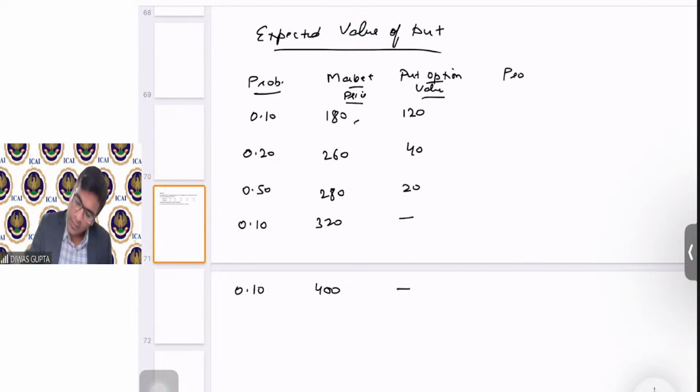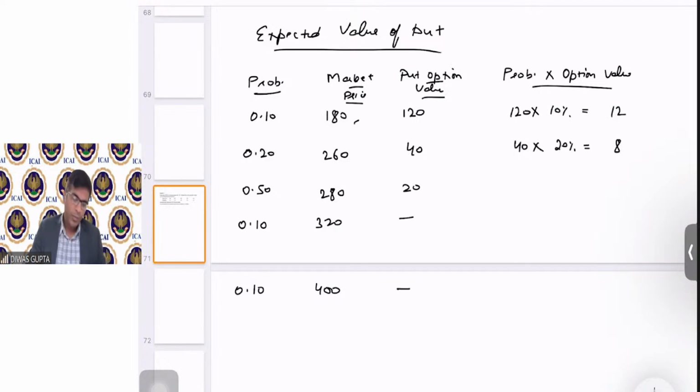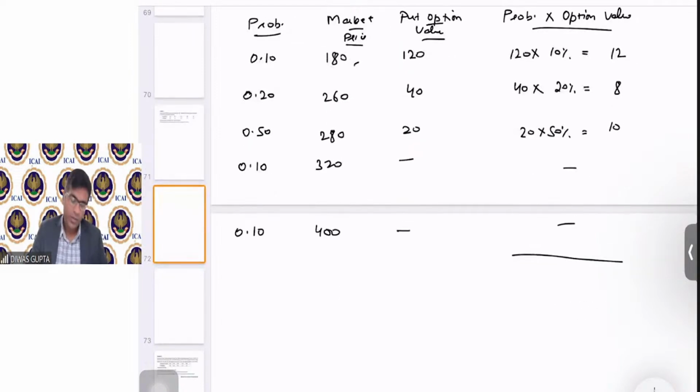Okay. So the probability multiplied by the option value will become how much? 120 into 10%, which is 12 rupees. 40 into 20%, which is 8 rupees. 20 into 50%, which is 10 rupees. Then nil for these. So 12, 8, 10, that is 30.